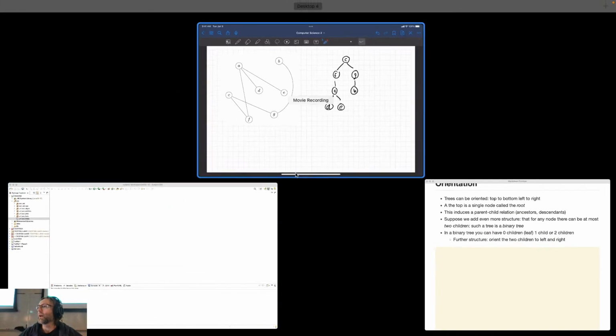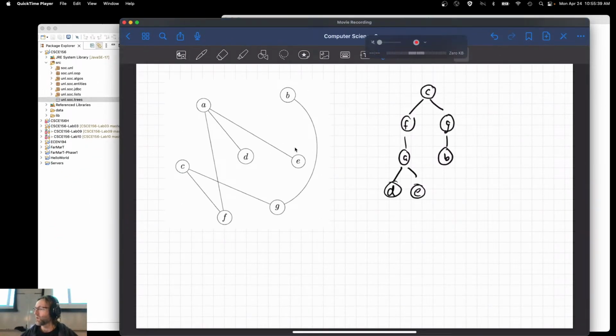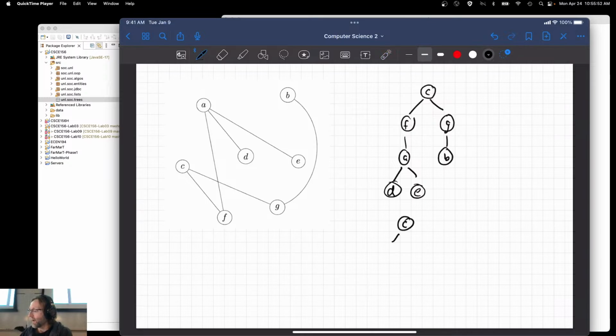So I didn't draw it like this, because I drew A right here down immediately as a descendant. Likewise, G down here. But I could have drawn it differently. C is still going to have a left child, which is F, and a right child, which is G. Now I need to pick: is A going to be a left child or a right child? I'll go ahead and make it a left child and skew it a little bit to the left.